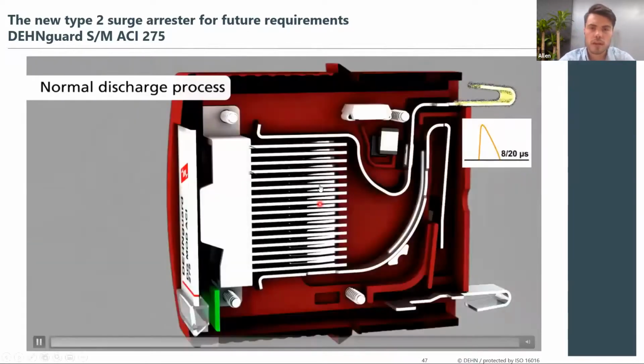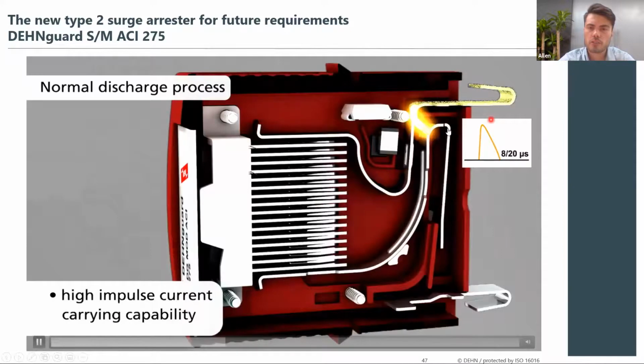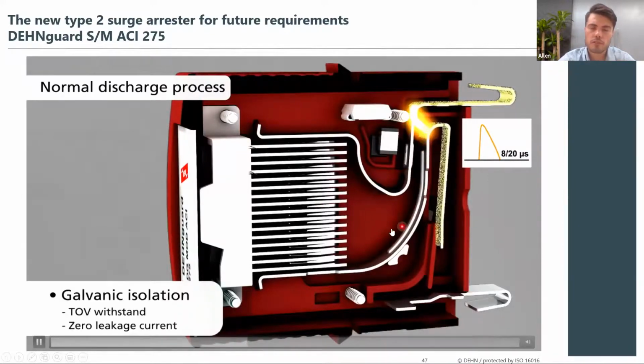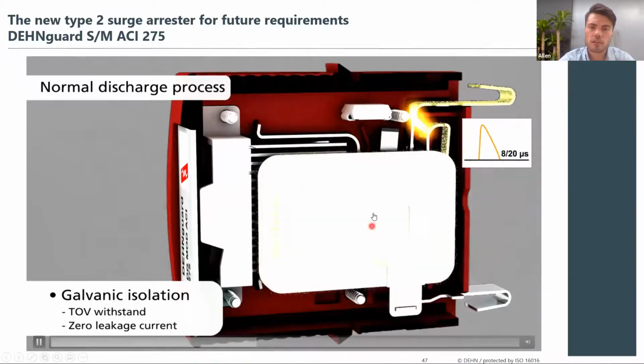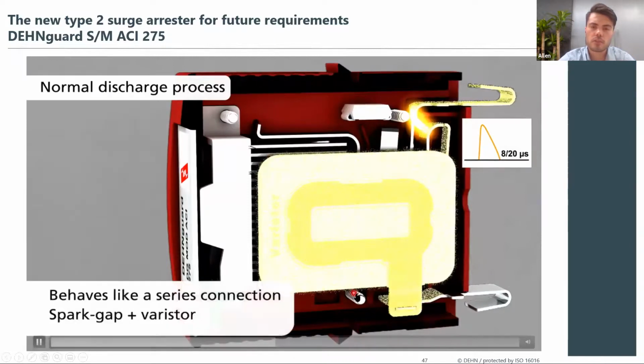So this is how the SPD is made up. If there's an H-20 coming into the SPD, an arc is generated. That arc moves through the arcing chambers, which extinguish the arc and direct the energy to ground.